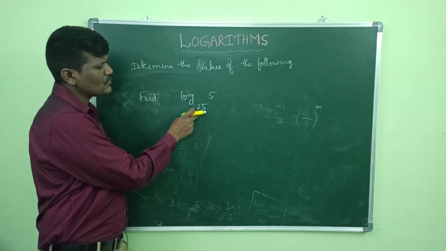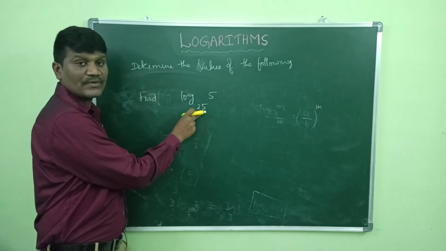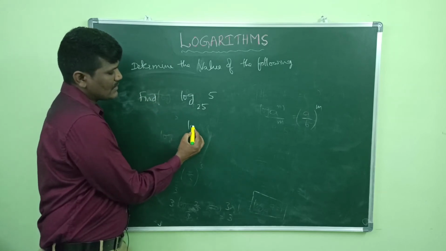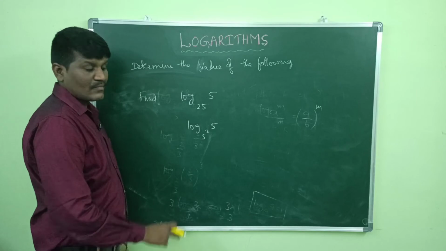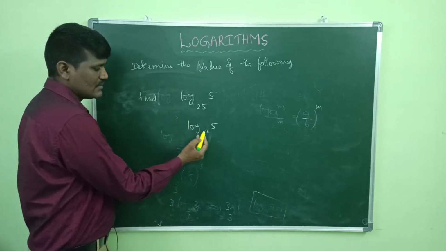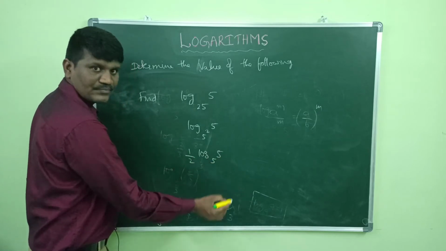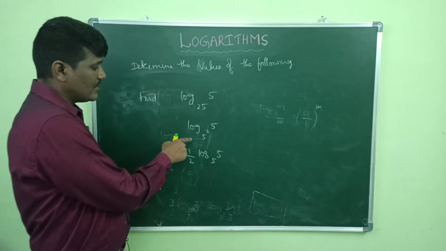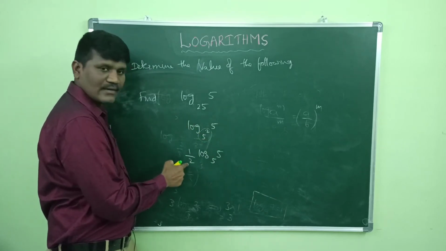So here, by using 25, you can easily know that I can write 25 as 5 square. So that is log 5 to the base 5 square. Here I can use the product rule. The second one is 1 by 2 log 5 to the base 5. We know that if the power is in the base, I can write it in the denominator.